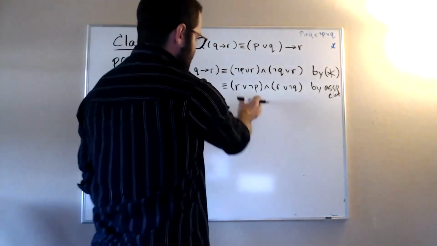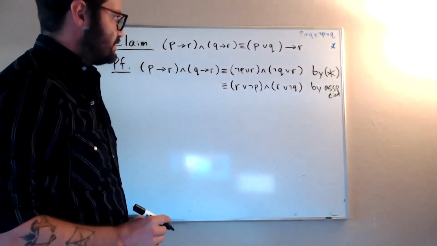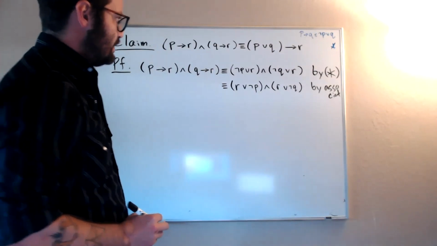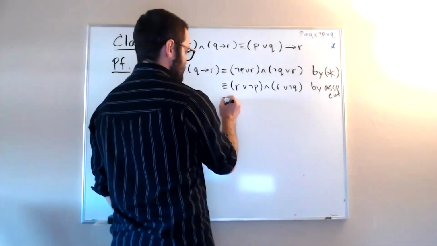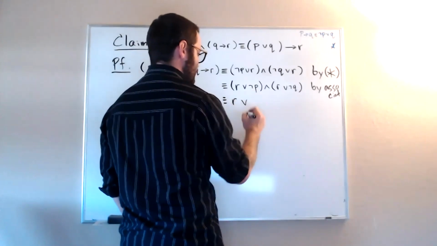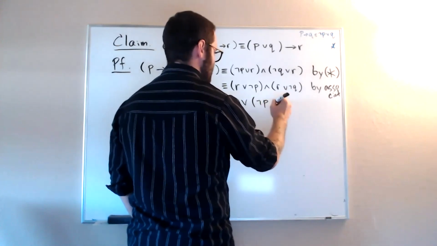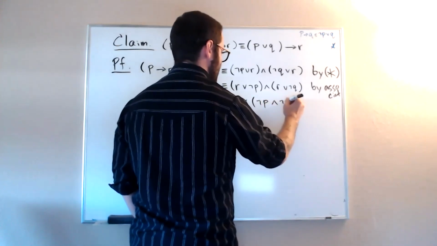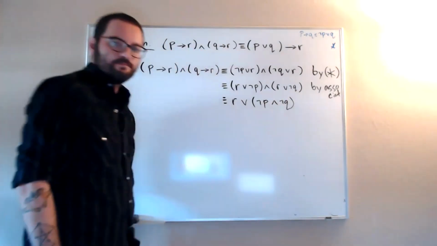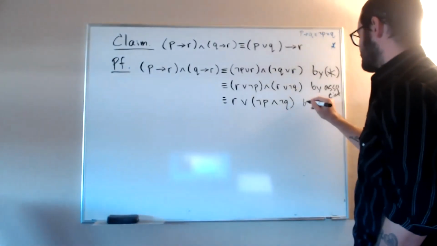And we can look here and we see something that looks like maybe a distributive law has been applied here. In particular, this looks like R or not P and not Q. Okay? So this is by the distributive law.